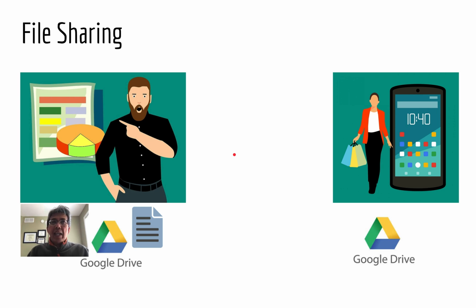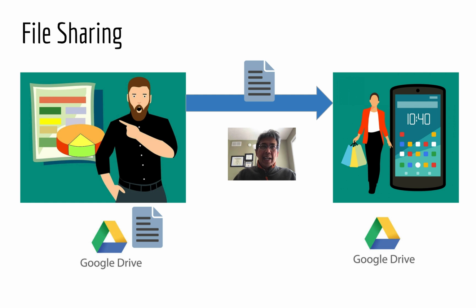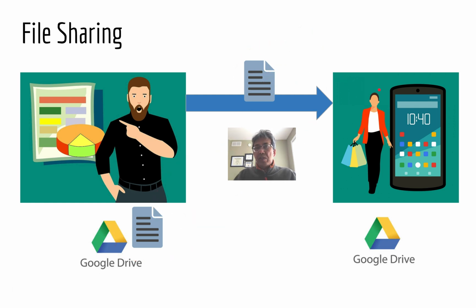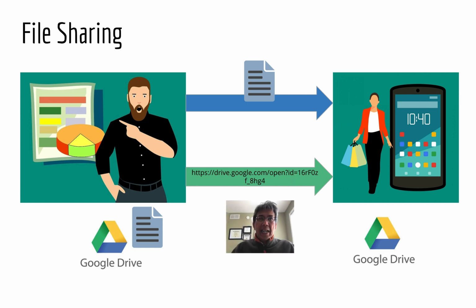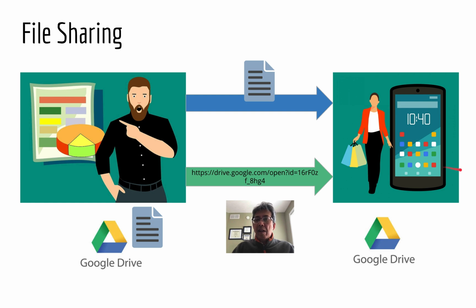So Adam can take one of the following 2 actions. The first action, Adam can attach a copy of the file to an email and then send the email to Beth. Or the second action, Adam can just send the URL to the file to Beth, and then Beth can later access that file from her Google Drive entry, let's say.